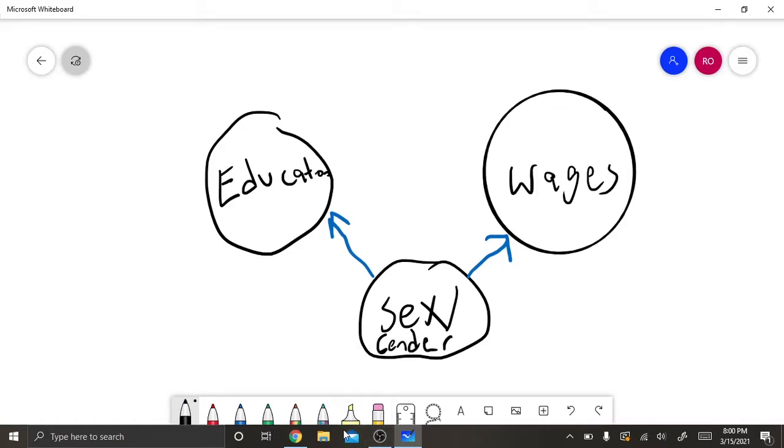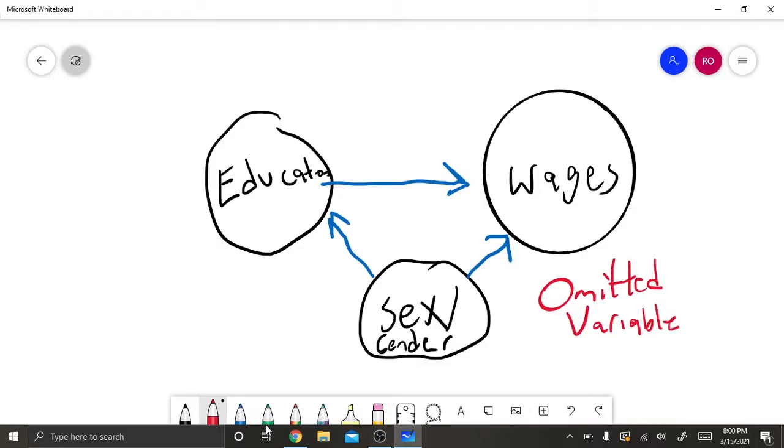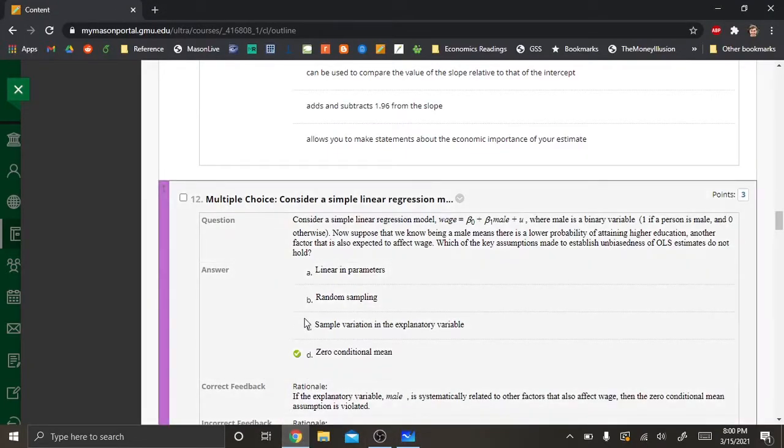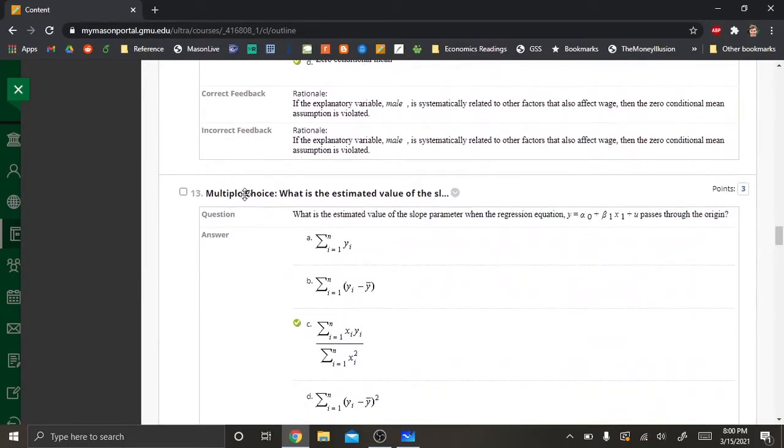Okay, and then we're also interested in this. So there's a backdoor path going from education to wages. So we have omitted variable bias. And if you remember, we're violating our assumption of no omitted variable bias. Another word for assuming away omitted variable bias is the zero conditional mean assumption.